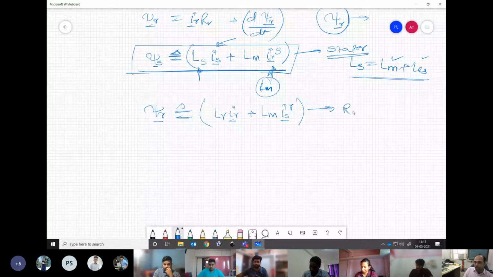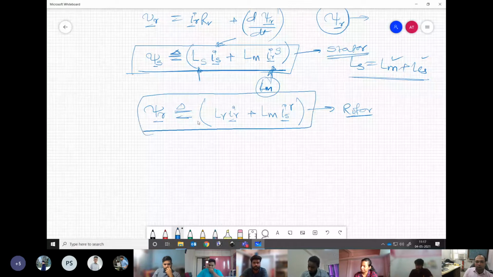When we say rotor flux, the reference frame is the rotor reference frame. So this is defined as our rotor flux, where Ir is associated with the total rotor inductance, which means Lm plus LLR, and the stator current is associated with only the magnetizing inductance Lm.